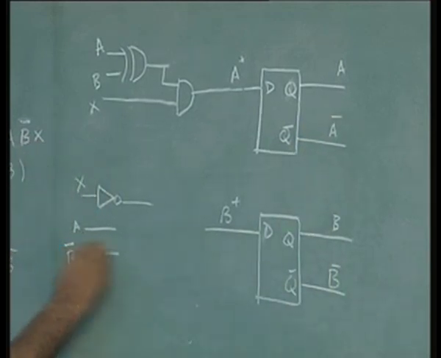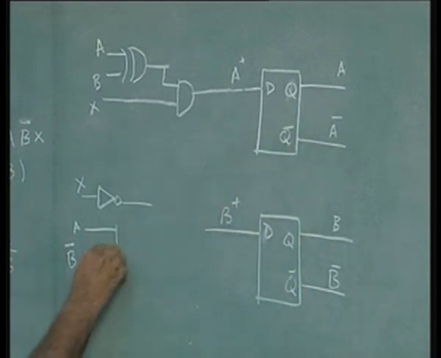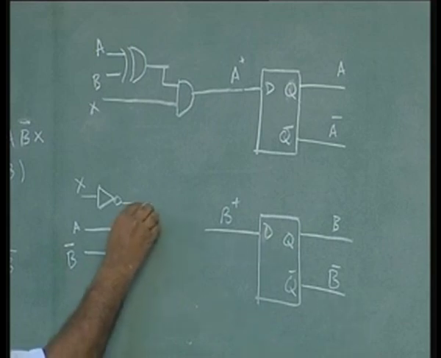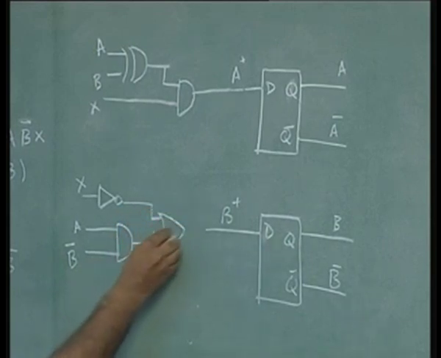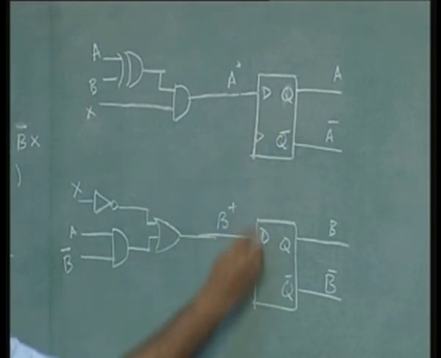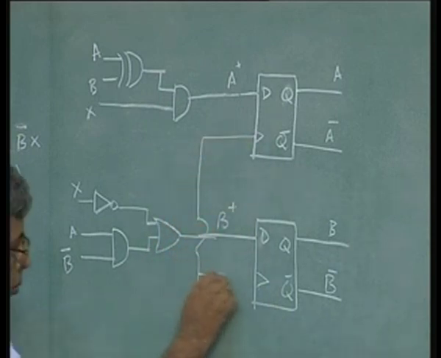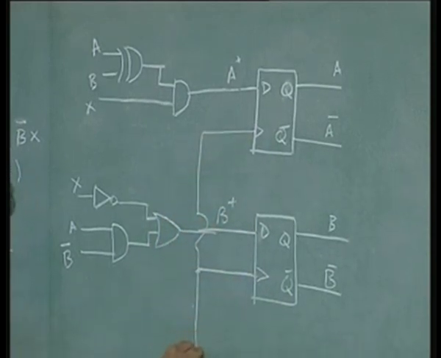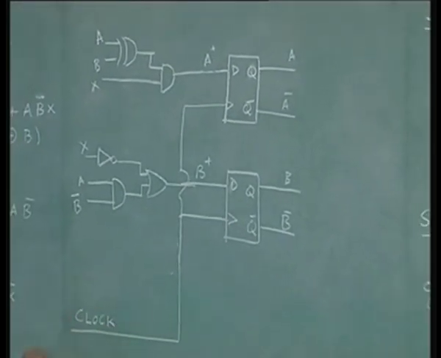So, B bar is here, A is here, put them in an AND gate, combine the 2 in an OR gate, you get B plus. These are flip flops, so you need to clock them.